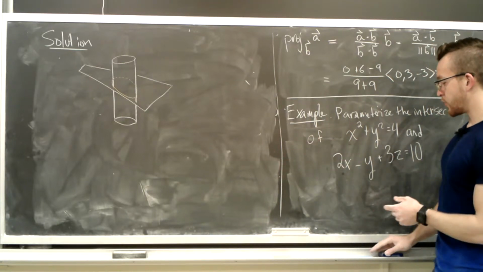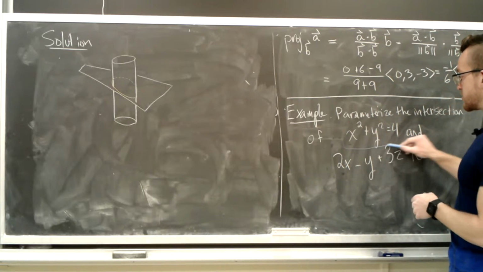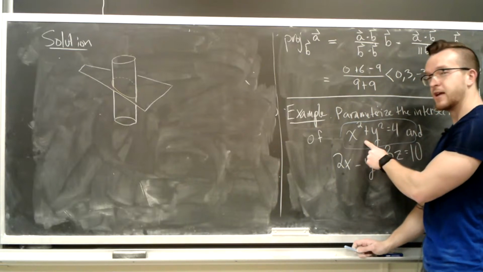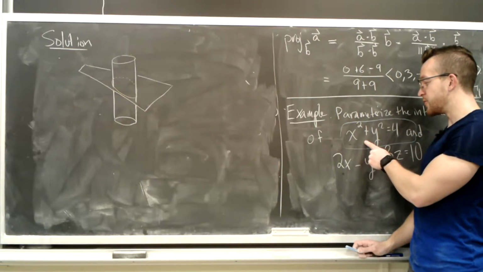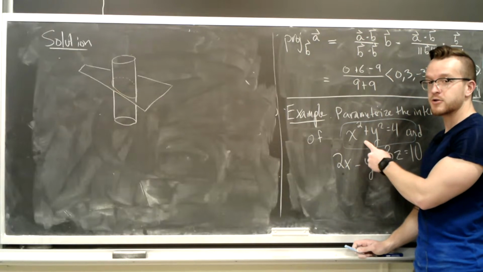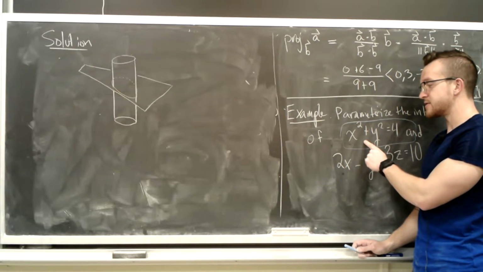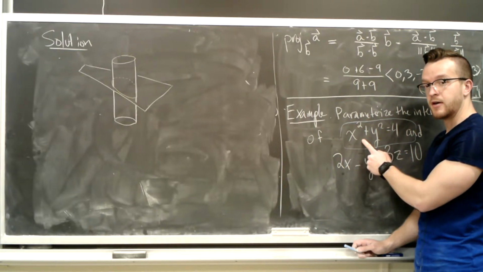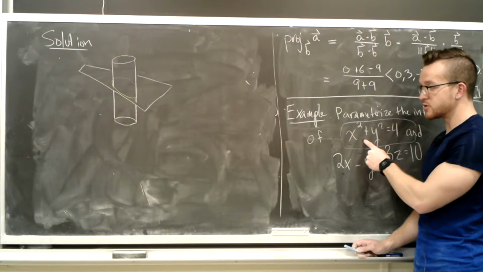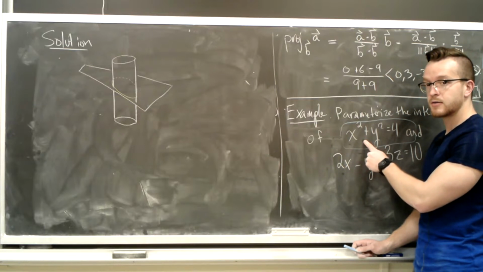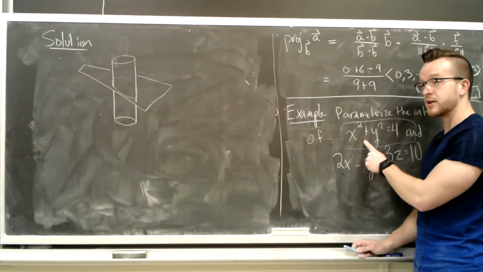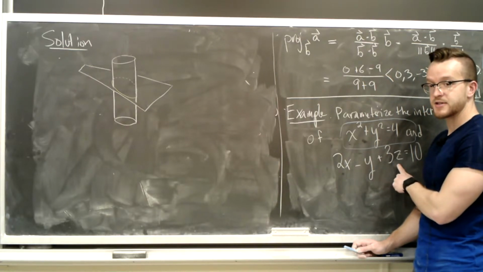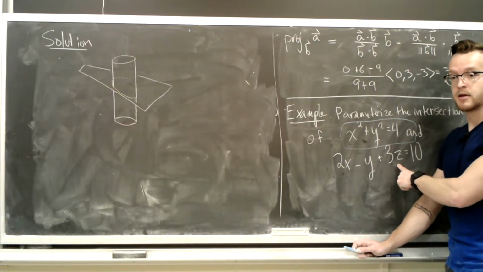In particular, I look at this equation and think, I can definitely find two functions for x and y which satisfy this, because in the xy plane, this is just a circle. So I can use this equation to tell me what x and y are. And then once I've picked x and y, using this equation, I won't have a choice, and z will be chosen for me. So let me write that down.